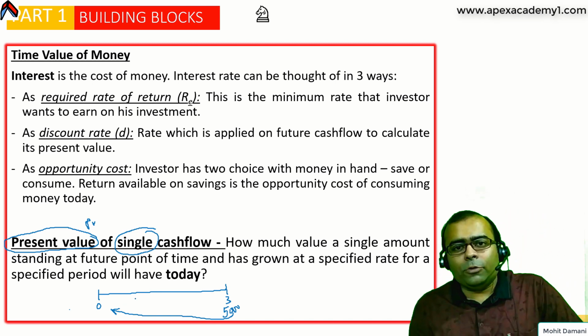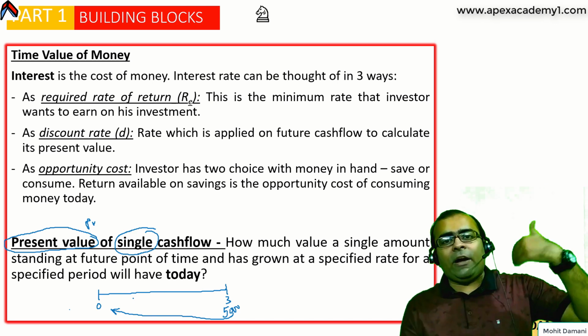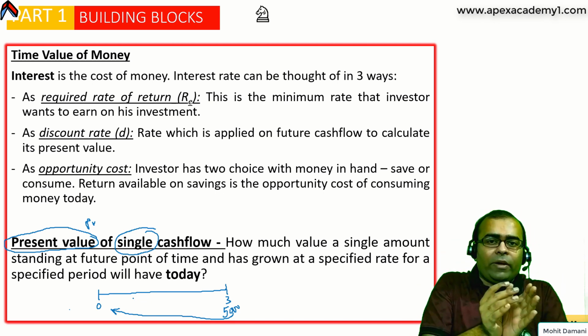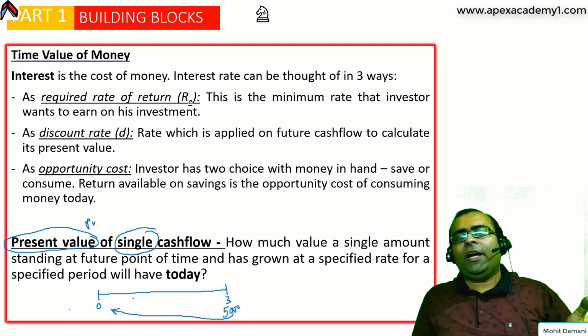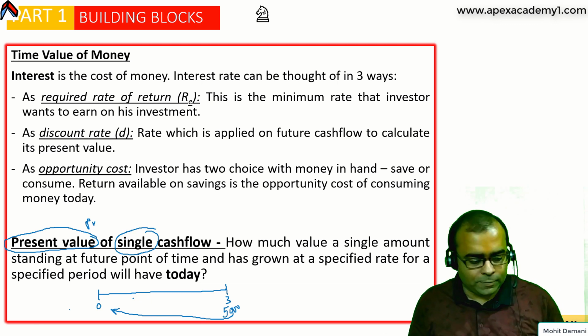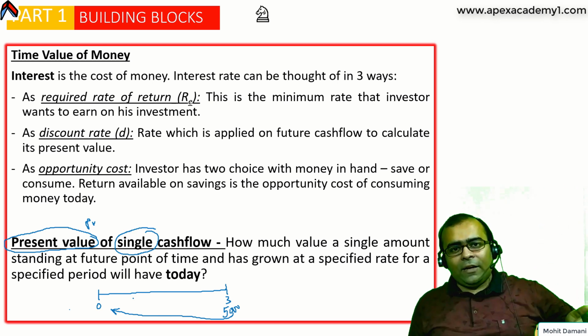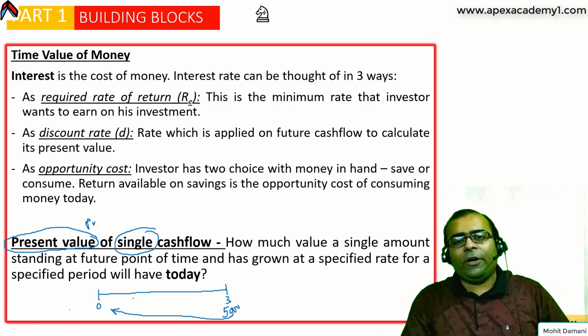So you would want to determine the present value of the cash flow. Means if I would have received, instead of 5,000, an equivalent amount today, what would have been that equivalent amount which would have made me indifferent towards both the cash flows? Means 5,000 received after 3 years and X amount received today will make you indifferent towards both.